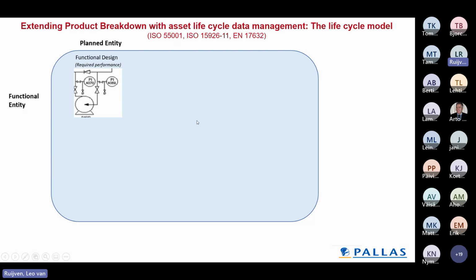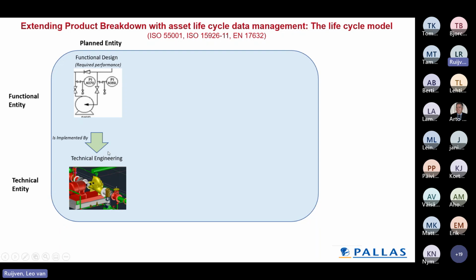We also apply a lifecycle model, a lifecycle model on equipment level, at least according to 15926 part 11 and the European 17632, a new BIM standard, which recognizes that we have the planned functional entities, like the symbols on the P&ID, which are implemented by technical plant entities represented by the 3D objects.